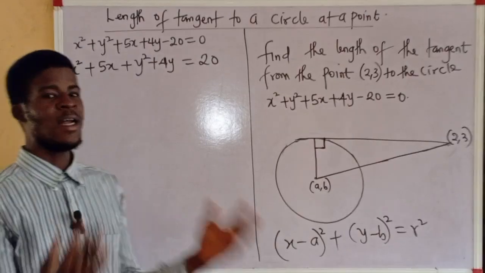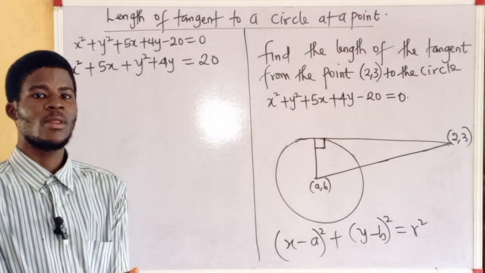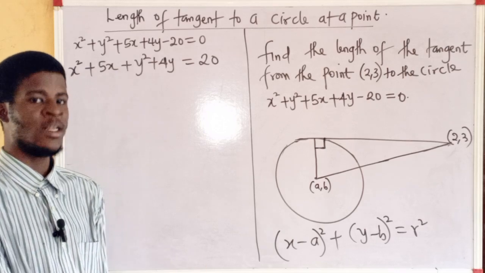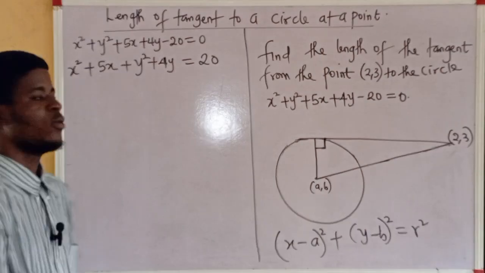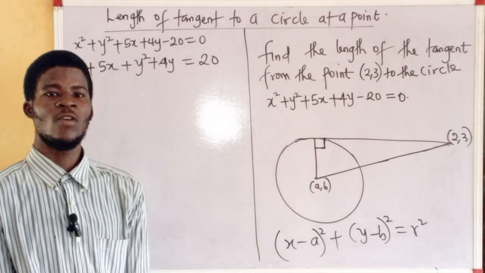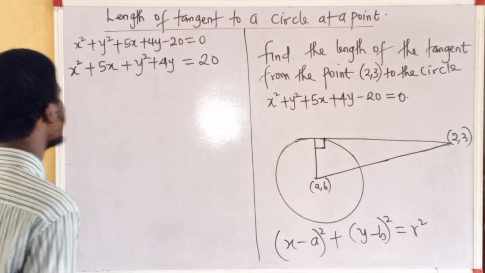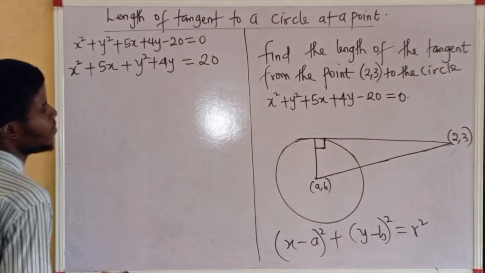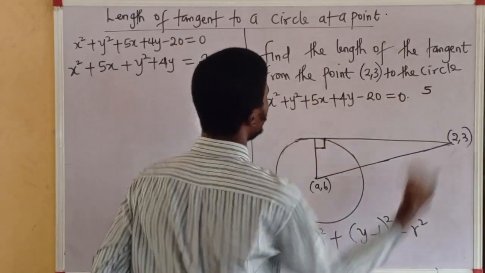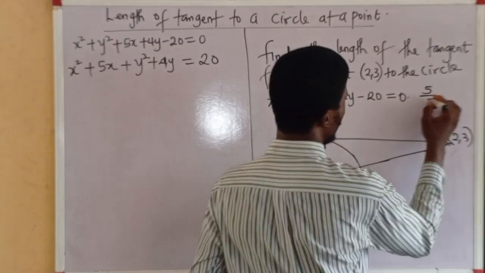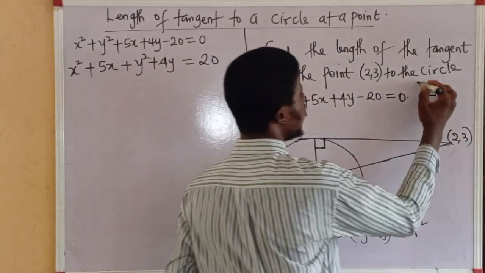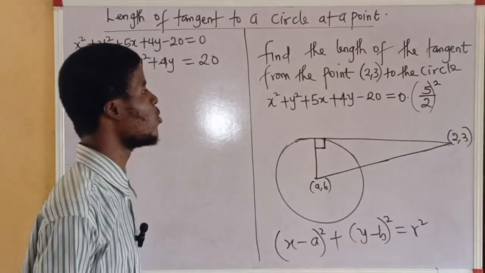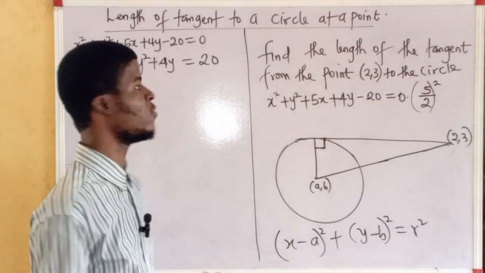So we'll add the square of half of the coefficient of x to both sides, and also we'll add the square of half of the coefficient of y to both sides. The coefficient of x here is 5. So half of it is what? 5 over 2. And if I square it, I'll have 5 over 2 all squared, which is the same as 25 over 4.